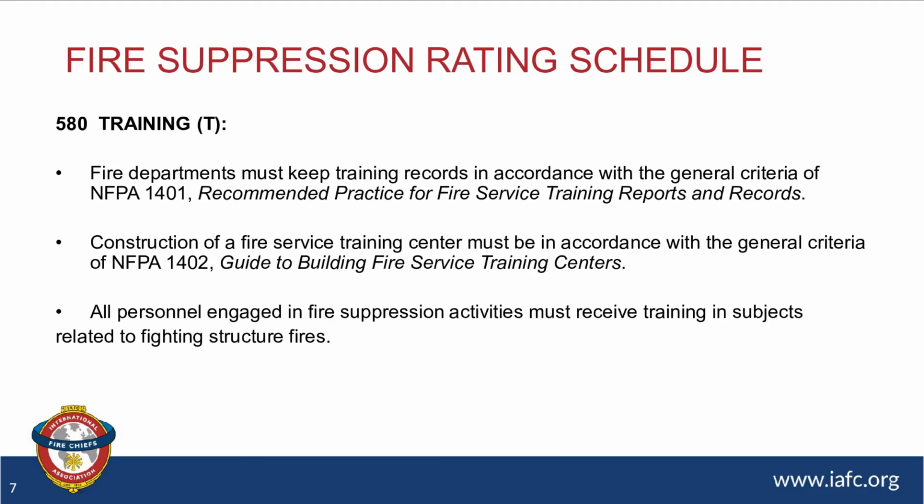In Section 580 is where we look at the various sections, and it breaks it down into several areas, of which we go into and look at all the areas of different sections for the various points to gather the credit for the 9 points total out of the 50 points in the fire department itself.